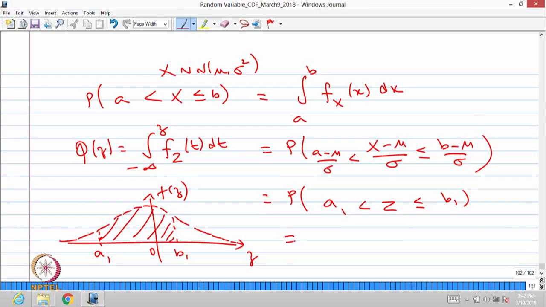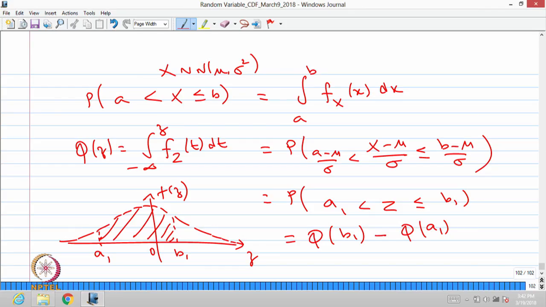Therefore, this becomes psi of b1 minus psi of a1. The probability that a standard normal variable lies between a1 and b1 is the same as psi of b1 minus psi of a1. Since it is a continuous random variable, there is no mass at any point.